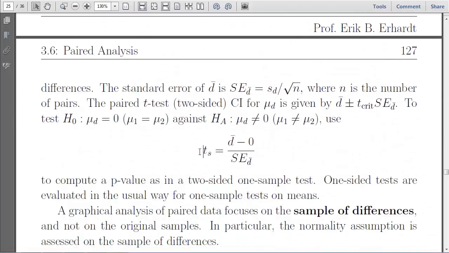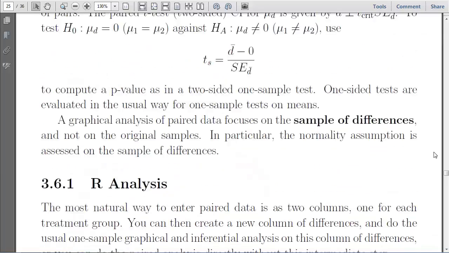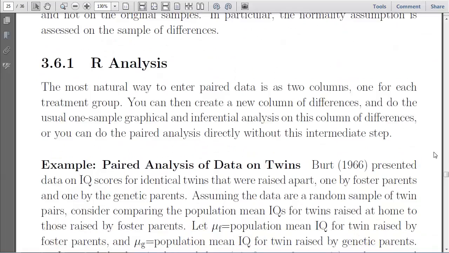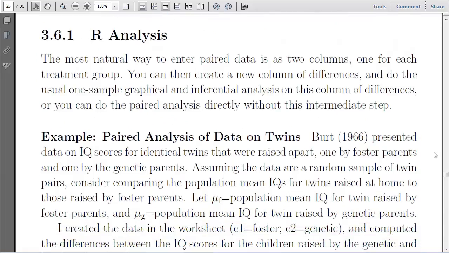All of this is one sample t-test stuff, where we've got the mean of the differences, minus 0, divided by the standard error as our t-statistic, and we do plain old one sample t-test stuff for that. So I'm going to show you a few ways to visualize paired data as well as perform the inference for paired data.